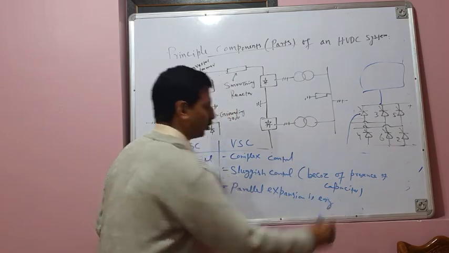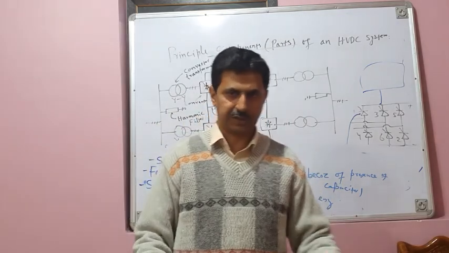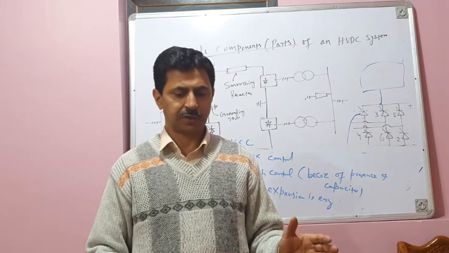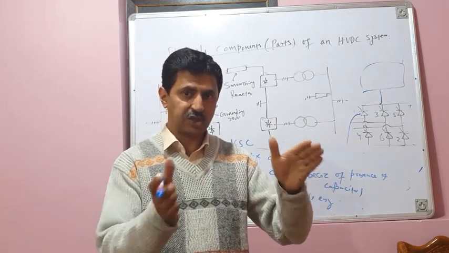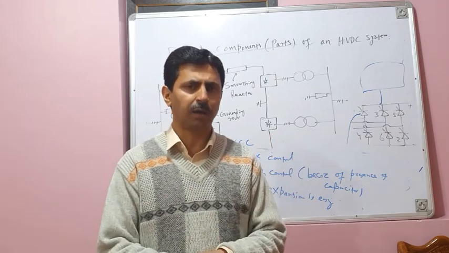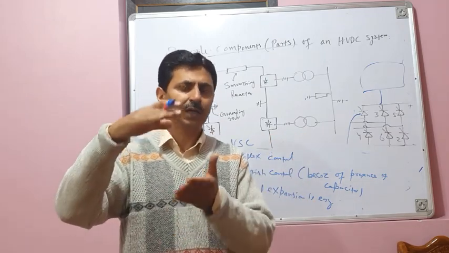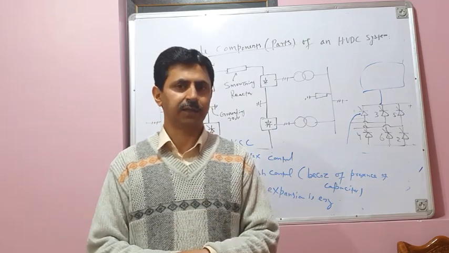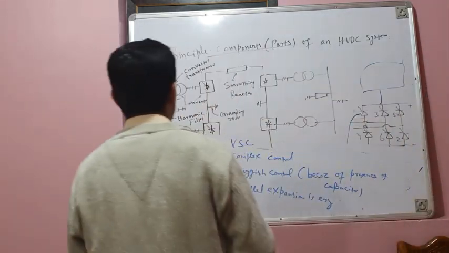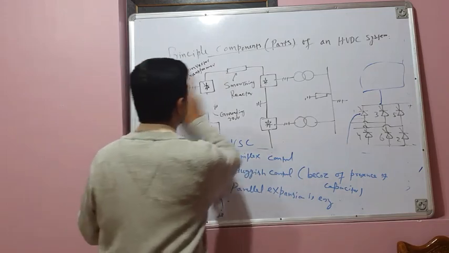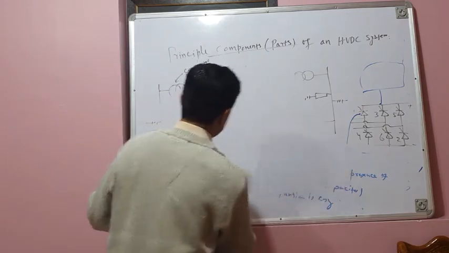I mean, if you want to expand a particular converting station, if you are using current source converters, you may have to connect the various bridges in series, and that becomes a bit complex, whereas it is easier to connect converters in parallel in case of voltage source converters. So these are various points of comparison between current source converter and voltage source converter.